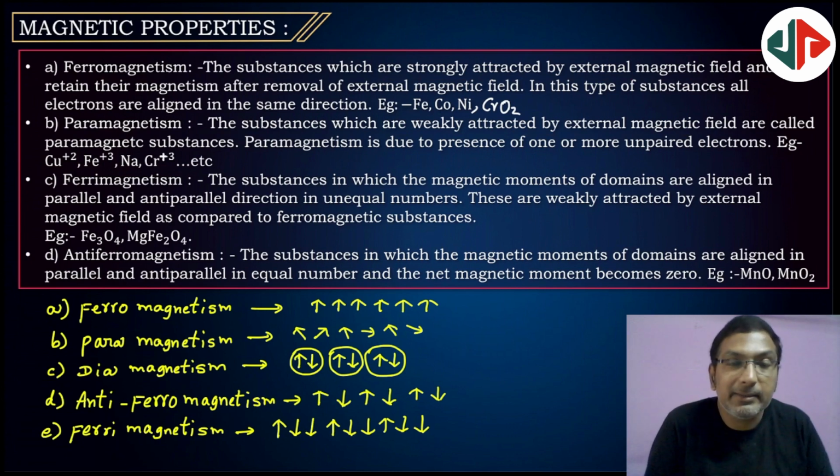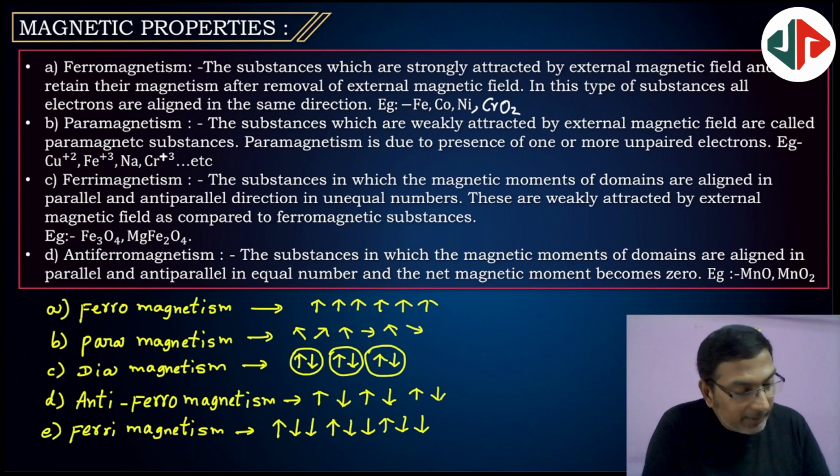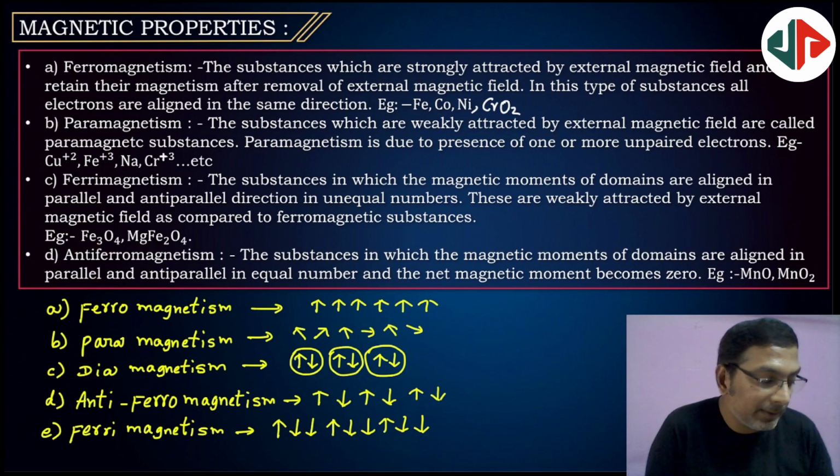Next, ferrimagnetism, unequal number of upward and downward arrows. These are also weakly attracted by external magnetic field. Examples, very very important. So here one divalent, one trivalent metal will be there.